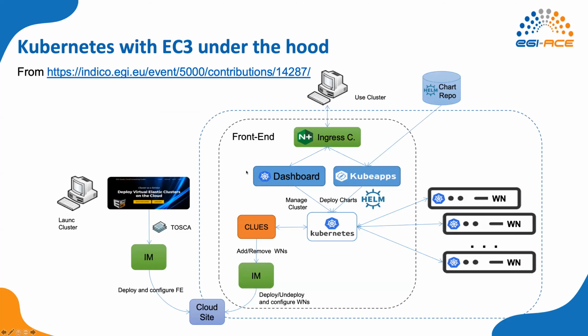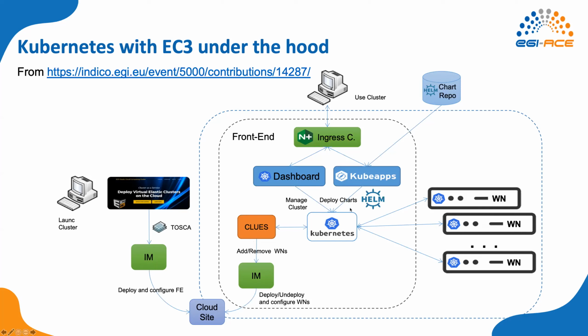This under the hood, as I said, is mostly EC3. Basically, what you have here is that EC3 creates a TOSCA description of what needs to be deployed. That's sent to the IM, the Infrastructure Manager, that will contact the cloud side, and inside the cloud side will start some VMs where this CLUES component will take care of checking what's the load of the cluster at any given moment, and it will create new worker nodes for your Kubernetes cluster as needed.